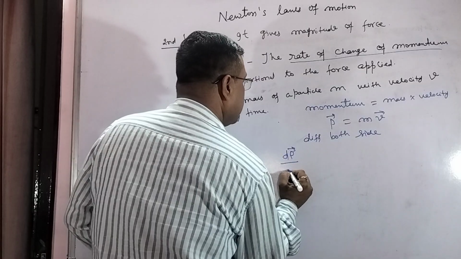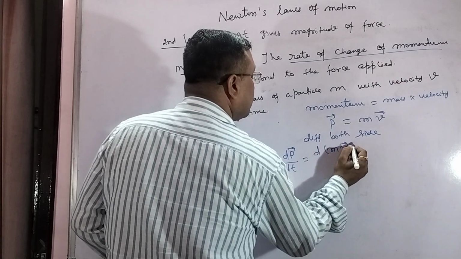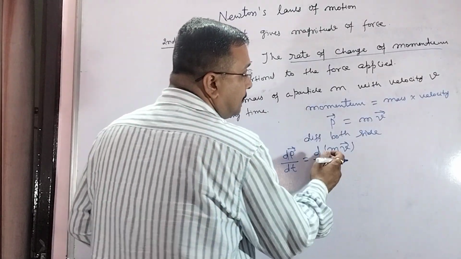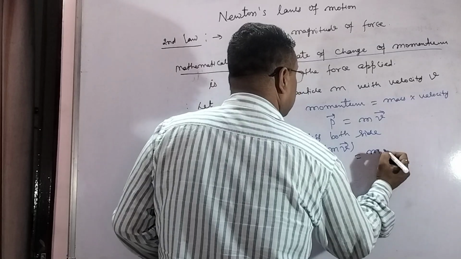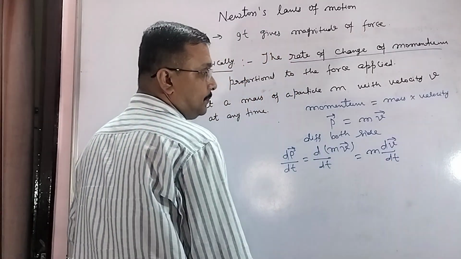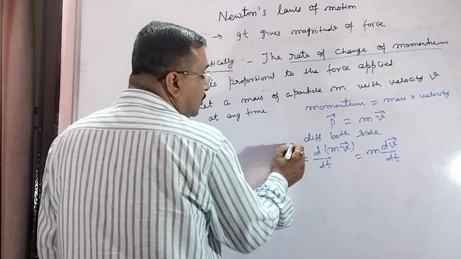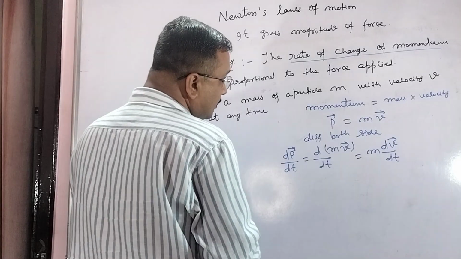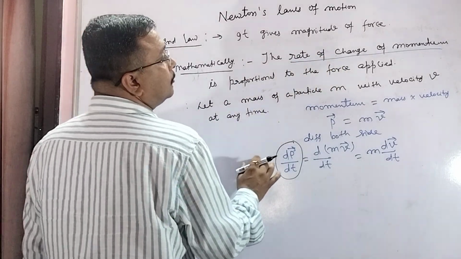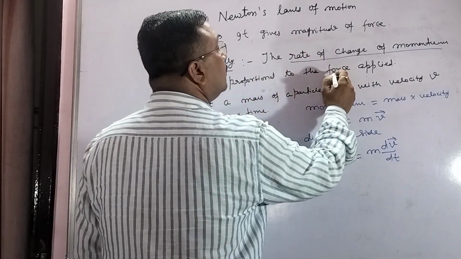What we get is dP by dt equals d(mv) by dt. Now mass is constant, so take it outside, and it will be m dv by dt. So this is the rate of change of momentum, and the rate of change of momentum is proportional to the force applied.